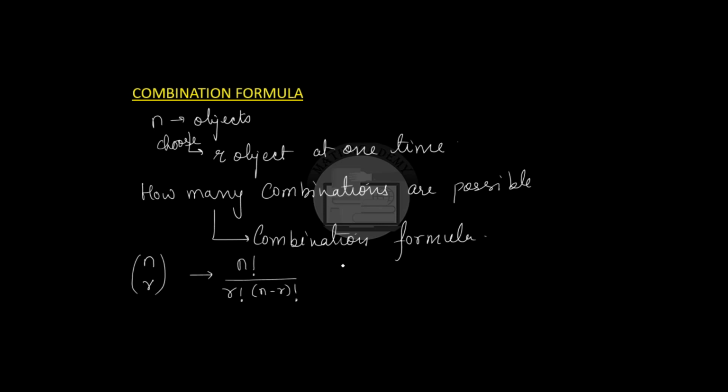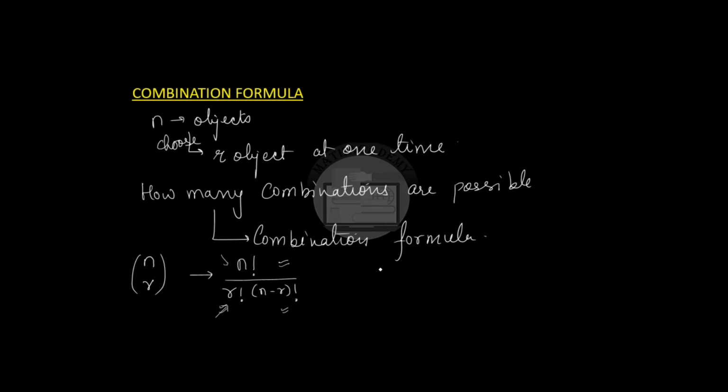In my previous video, we already saw how to find the factorial of a number, so you can use that video as a reference. You can find factorial n, factorial r and factorial n minus r. n is the total number of objects.